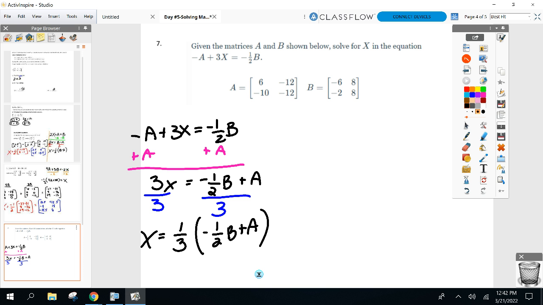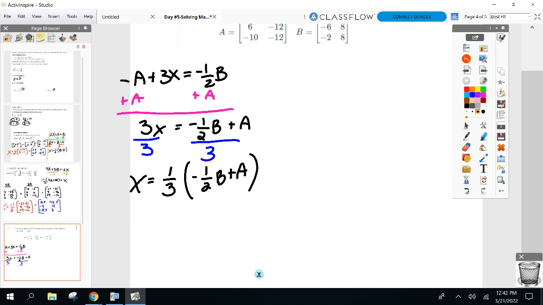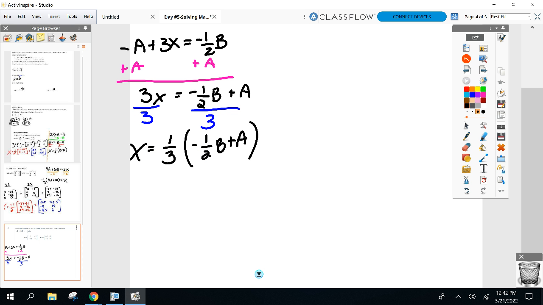All right, let's see what you got. -1/2 b plus A, and then multiply it by 1/3. Oh, here we go. -1/2 b.